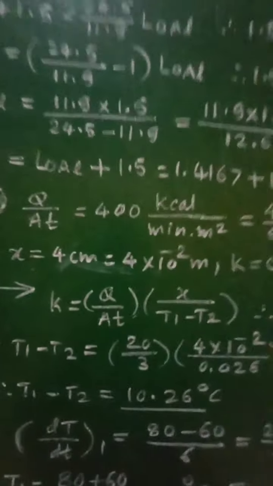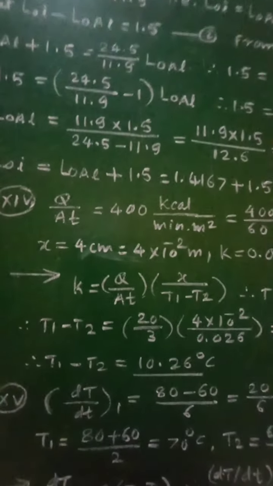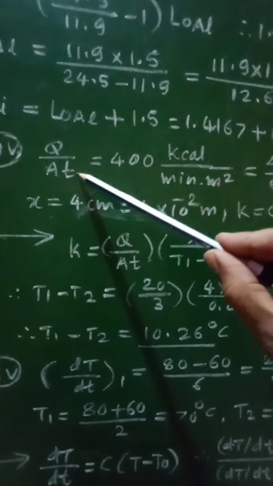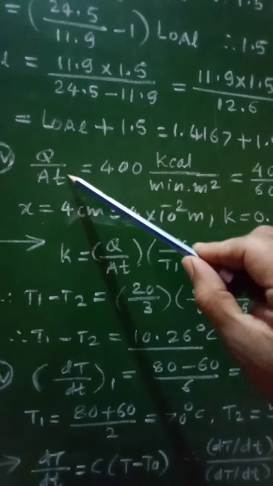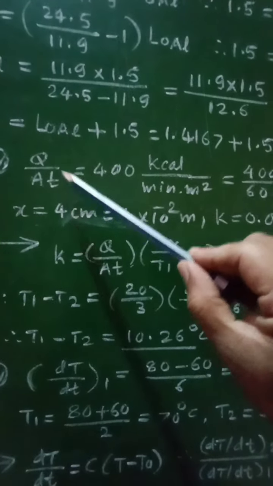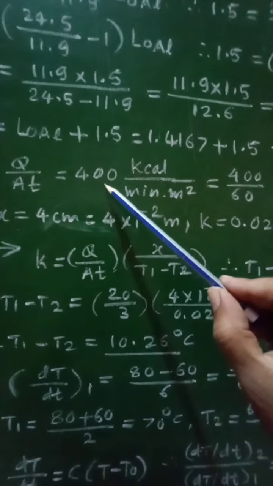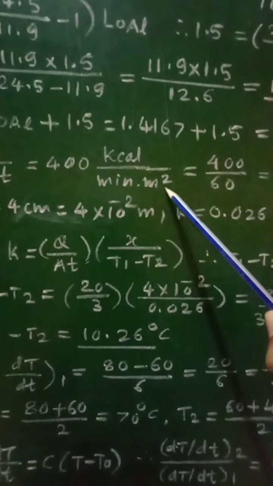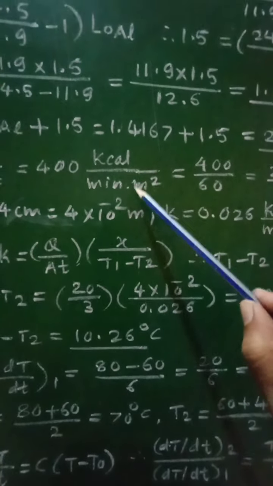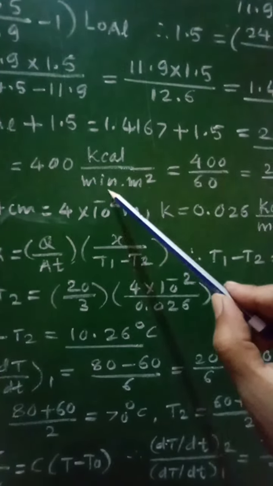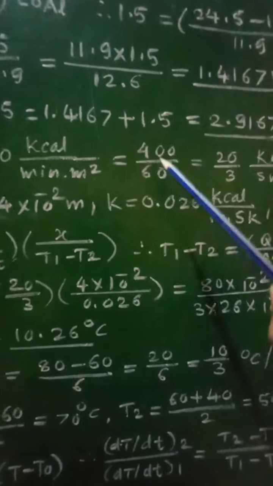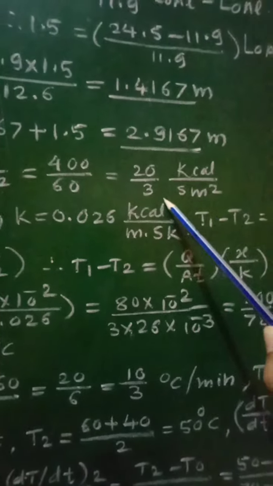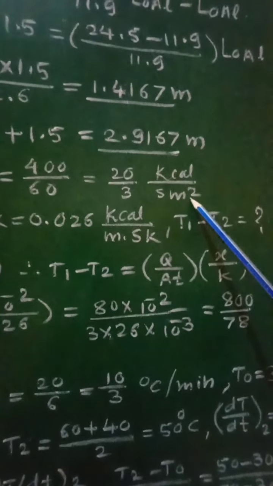For this numerical number 14, the given data is Q by At, that is rate of heat flow per unit area per unit time, Q by At equal to 400 kilocalorie per minute per meter square, which will be written in terms of kilocalorie per second per meter square as 400 by 60, which comes out to be 20 by 3 kilocalorie per second per meter square.